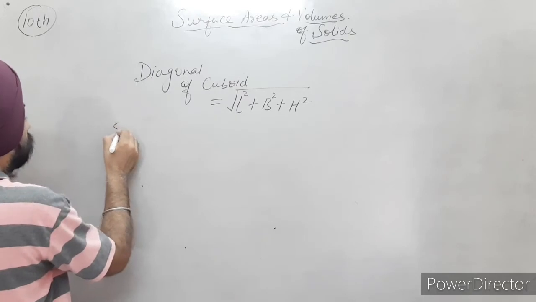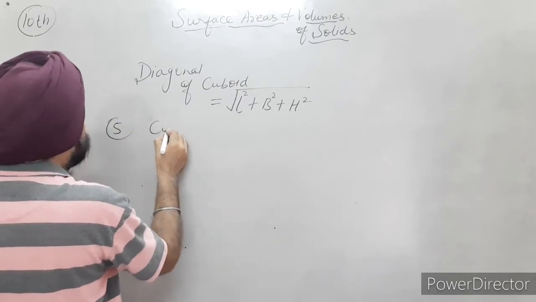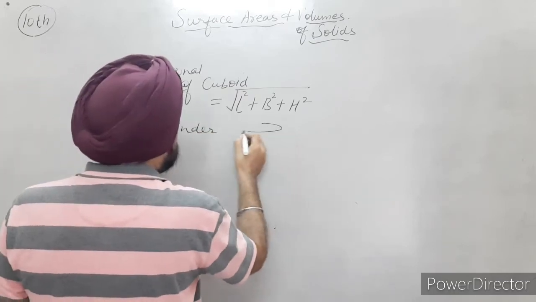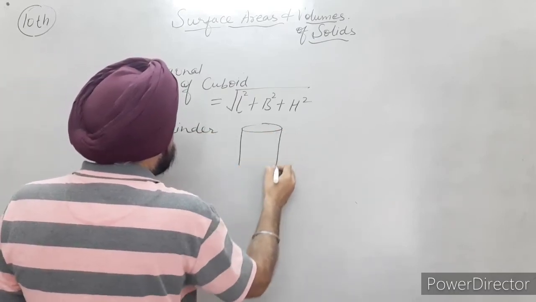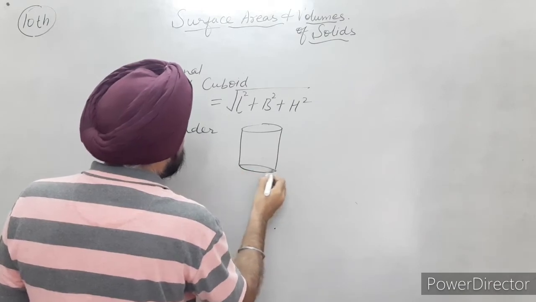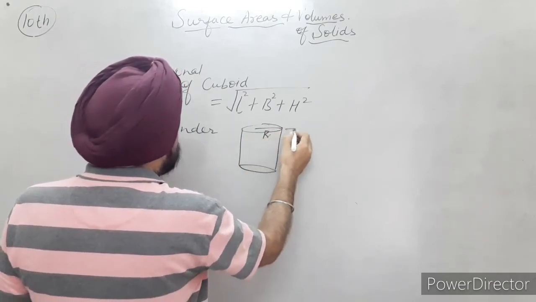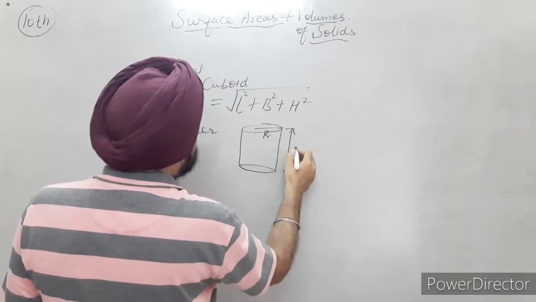Now, the fifth one is the cylinder. This is the cylinder. This is, say, radius r. This is height h.